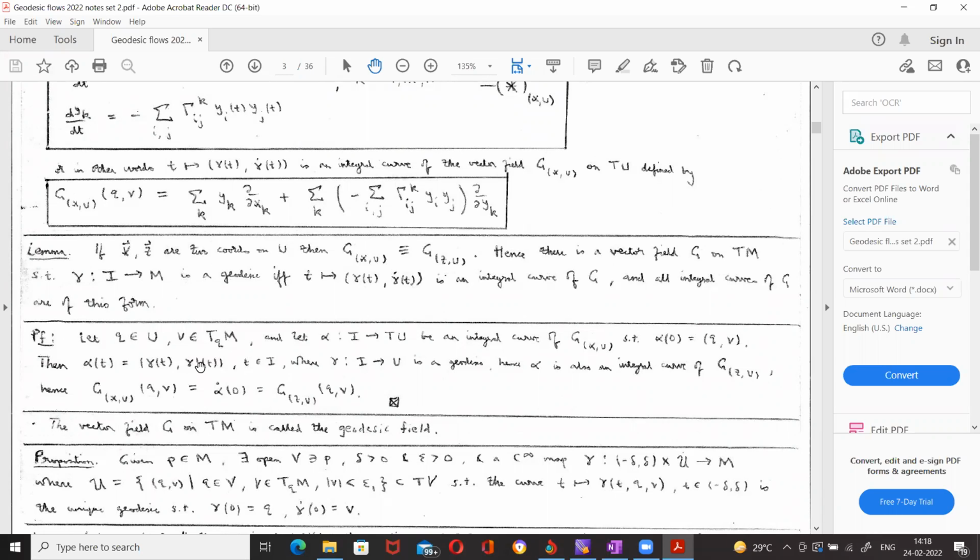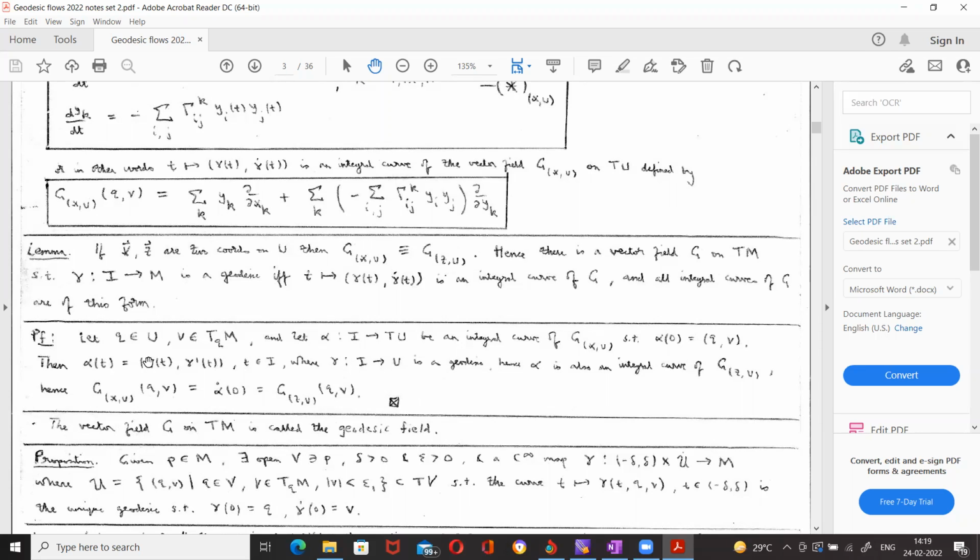Because v in coordinates was the vector y1 to yn, and the yi's are given by dxi/dt, which are the coordinates of gamma prime. So that means that v is equal to gamma prime. Okay, so this curve is of the form (gamma, gamma prime), and because it satisfies the vector field G, this is a geodesic, right?